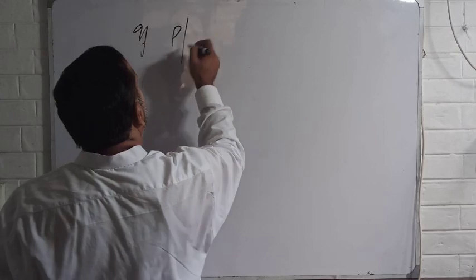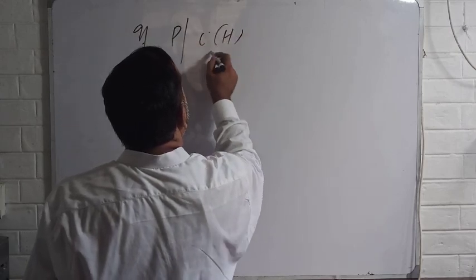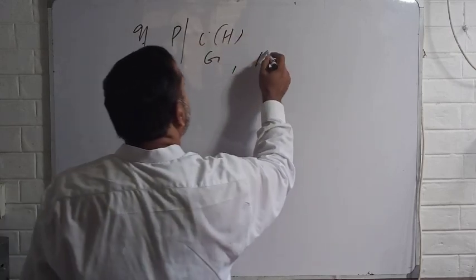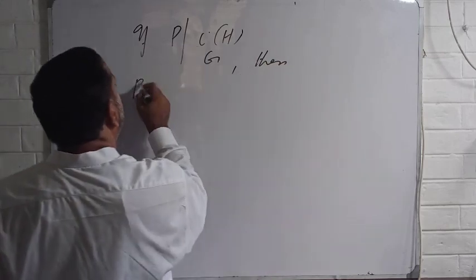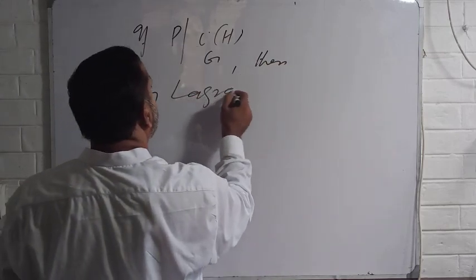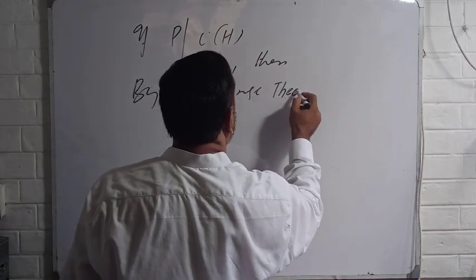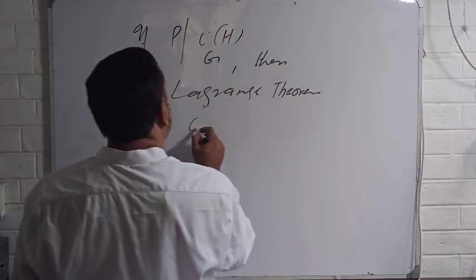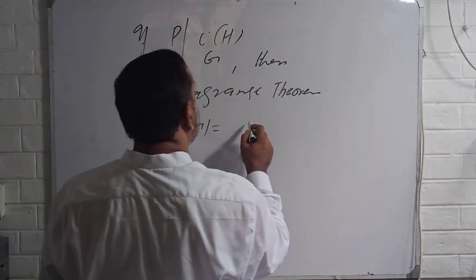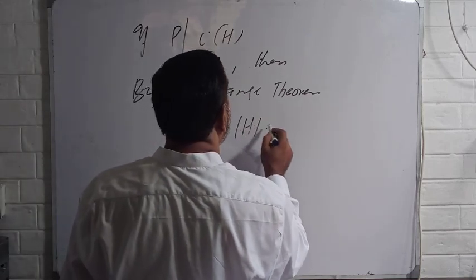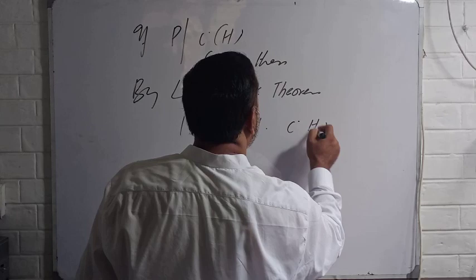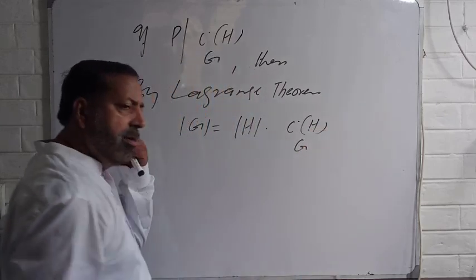If p divides the index of H in G, then by Lagrange's theorem, the order of G must be equal to the order of H times the index of H in G, right?